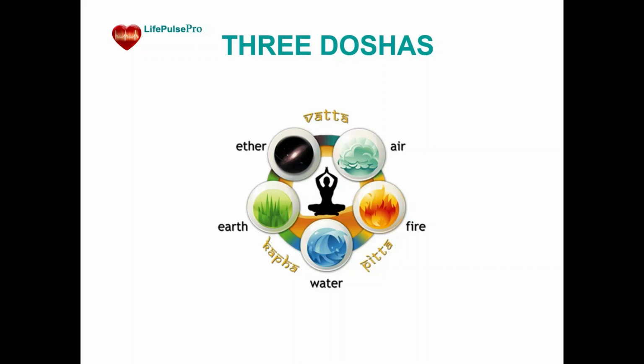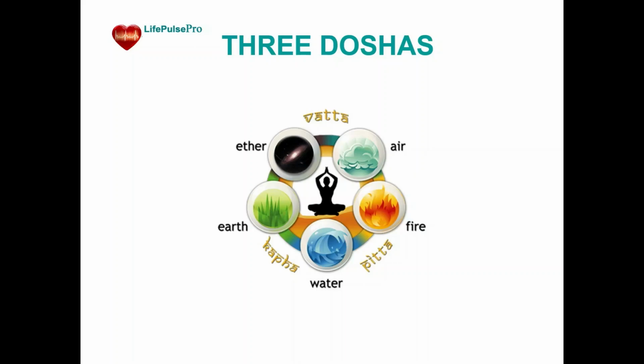Kapha is associated with structure and lubrication and governs processes such as growth, lubrication, and stability. It is said to be composed of the elements of earth and water. According to Ayurveda, each individual has a unique balance of the three doshas, and imbalances in the doshas can lead to physical and emotional health issues.